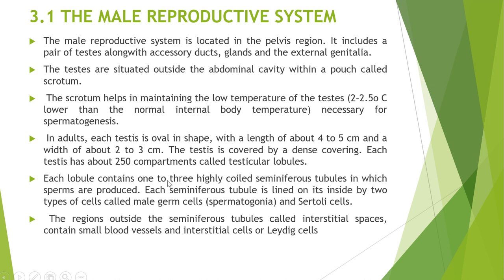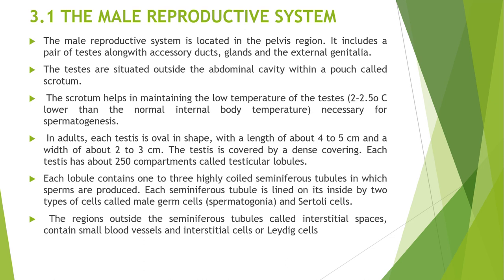Okay, and each lobule contains 1 to 3 highly coiled seminiferous tubules in which the sperms are produced. Of course the sperms are very important. So each lobule consists of how many coils? It is 1 to 3 highly coiled seminiferous tubules, in which the sperms are produced.